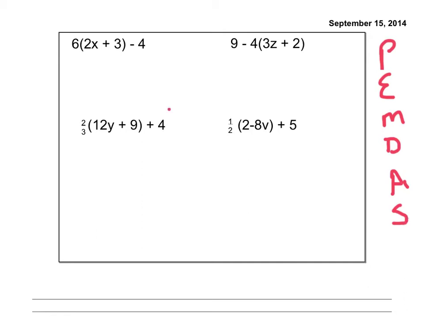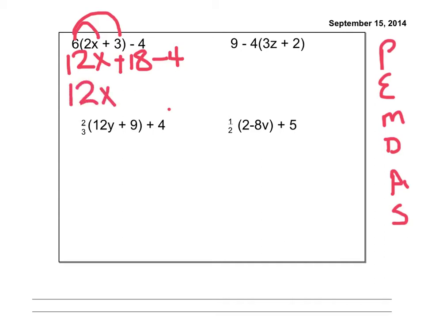So we go 6 times 2x, and that gives us 12x, and 6 times 3, that gives us 18, and then we bring down that negative 4. Then we've got 12x. There are no other x's in there, so we write 12x. 18 minus 4 gives us 14.